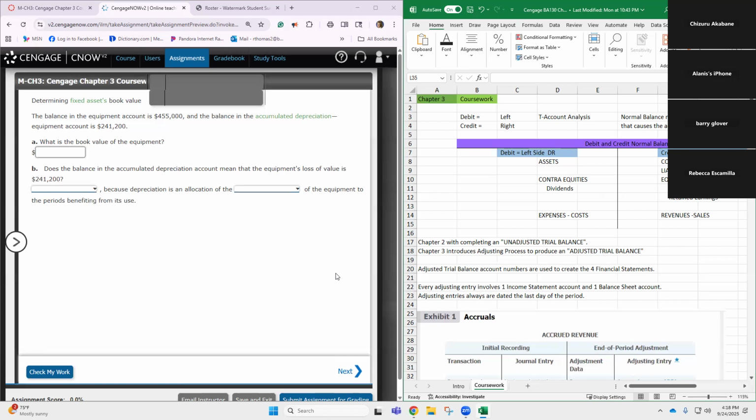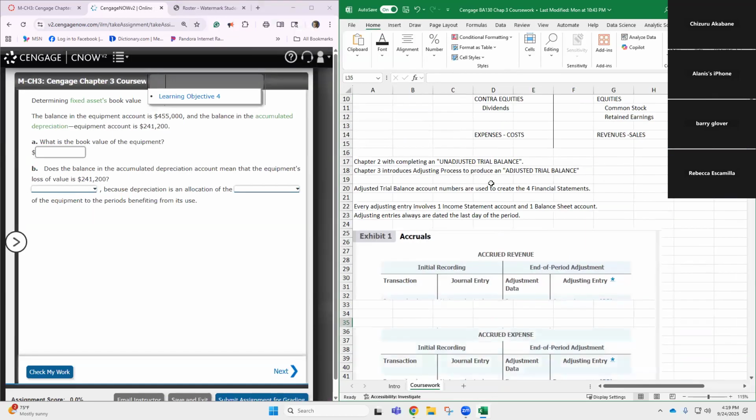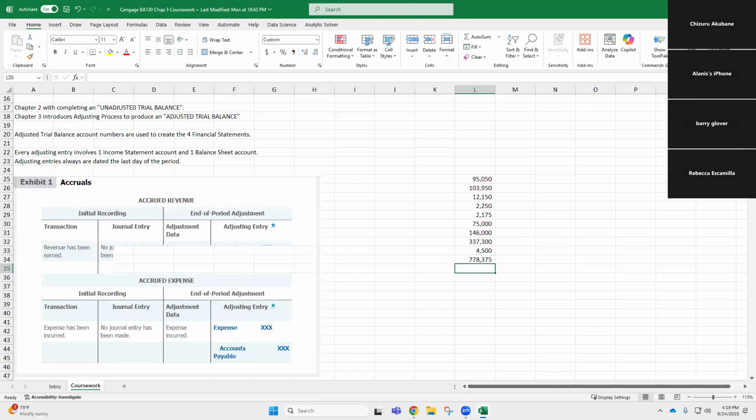Okay, so the adjusting process. Let's take a look at this packet real quick. Okay, I am going to just walk through a little bit here. So those of you who, we'll just look at it right here on the screen. Okay, so we'll look at it in my spreadsheet here.